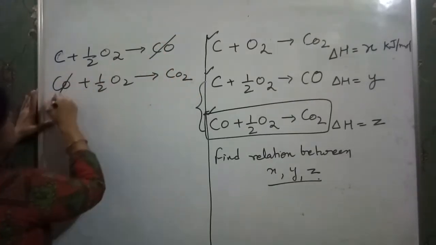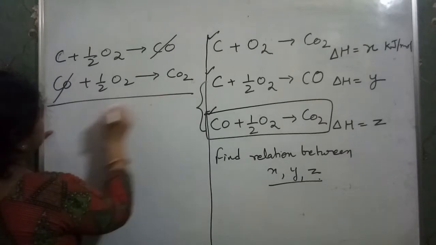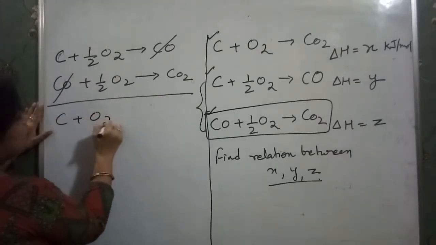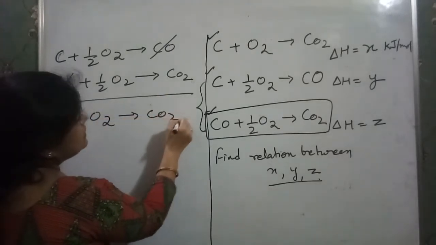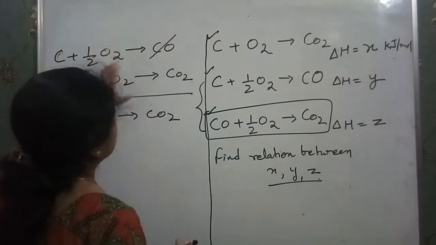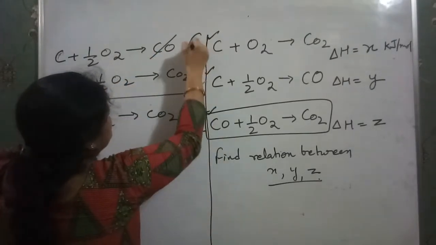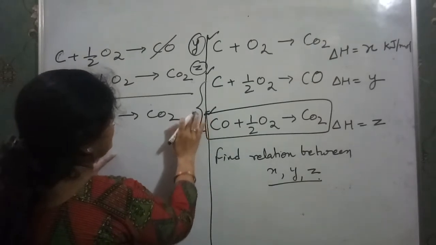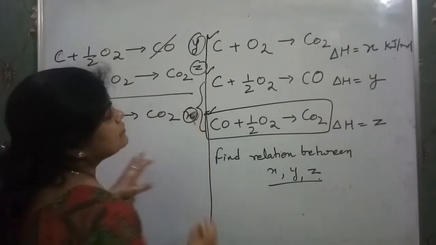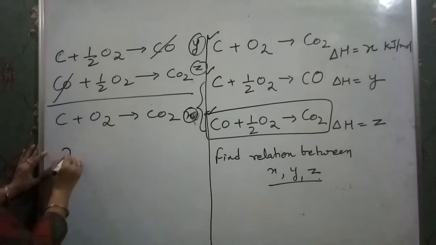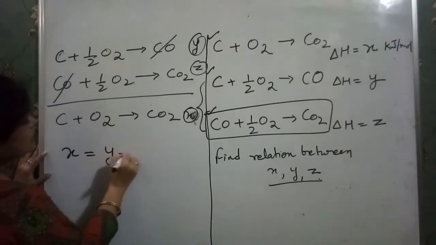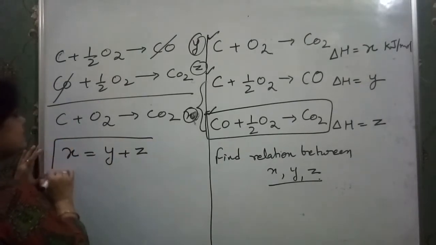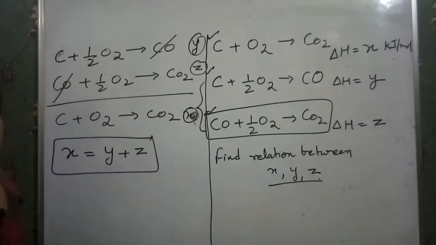So the CO gets cancelled and this becomes C plus O2 gives CO2, which is our first equation. That means we add the values of y and z and we get the value of x. So our relationship is x equals y plus z. In this way, you can solve different questions. These are all based upon Hess's law.